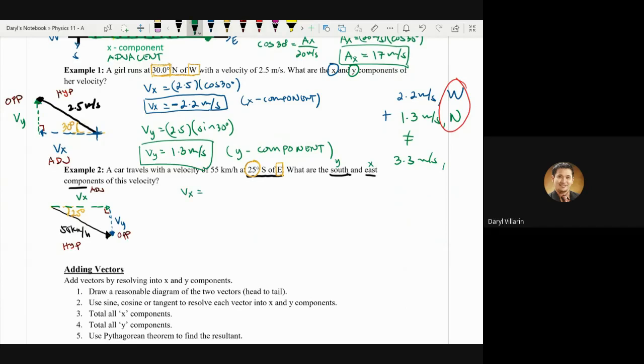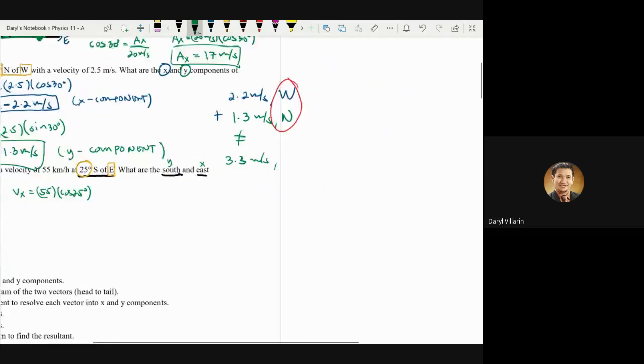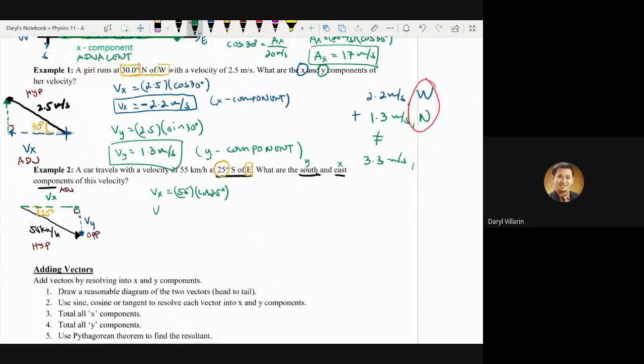Vx is just 55 multiplied by cosine of 25 degrees. So Vx is just 50 kilometers per hour, positive. If a question specifically asks for its direction, you will say 50 kilometers per hour east.